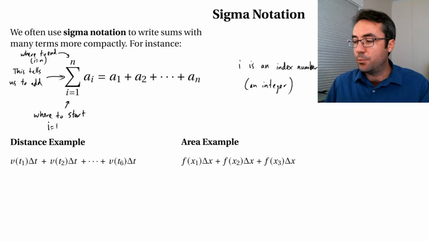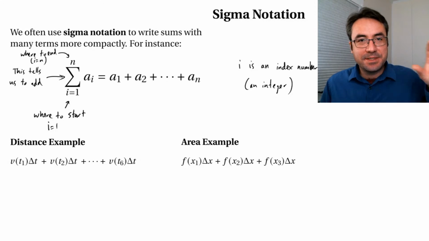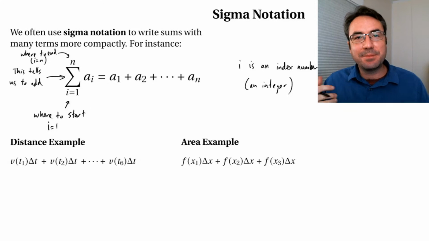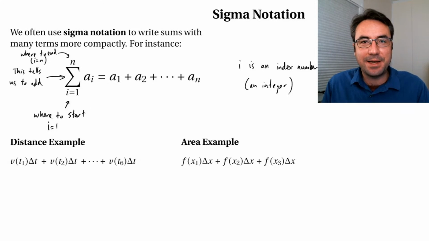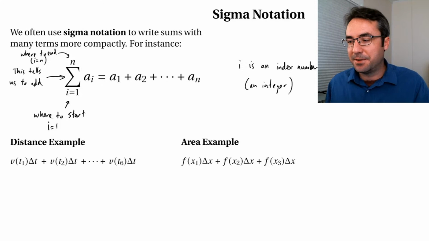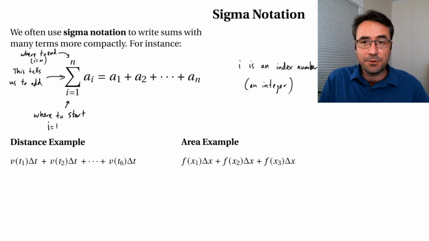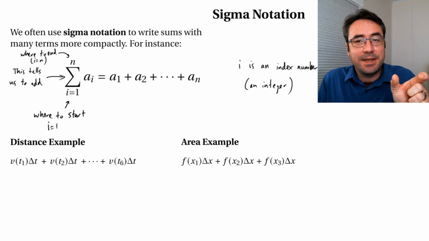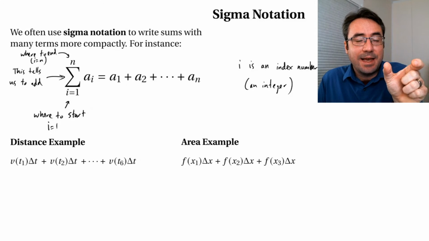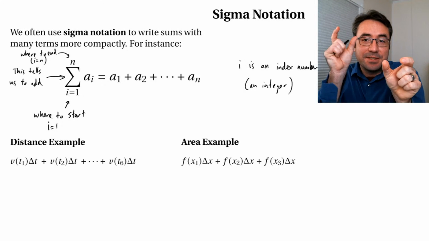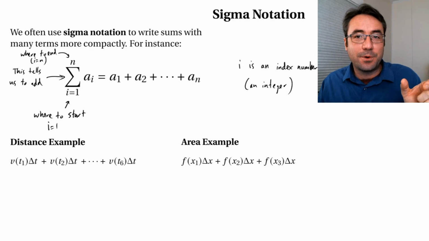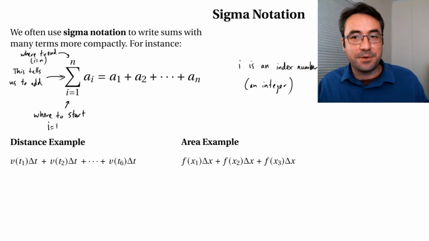So it's really just a big addition sign where you repeatedly add more and more things. We can use this sigma notation to simplify the writing down in our distance example and our area example. So for our distance example, what did we do? Essentially, we had our first known velocity times delta t, then our second known velocity times delta t, and we kept doing that for 6 subintervals.